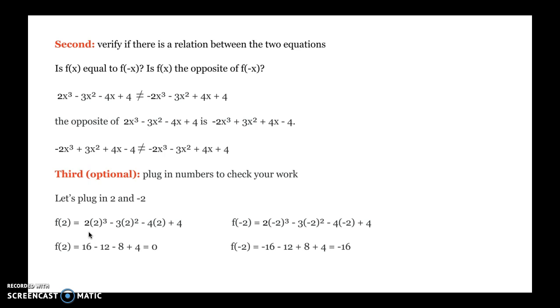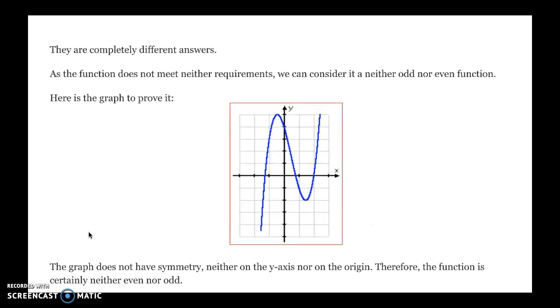F of negative 2 is going to be 2 times negative 2 to the power of 3 minus 3 times negative 2 squared minus 4 times negative 2 plus 4, to give us negative 16 minus 12 plus 8 plus 4, which is going to be negative 16. We can see that they are completely different answers. They are neither the same nor the opposite of each other. So as the function does not meet either requirement, we can consider it neither an odd nor an even function.